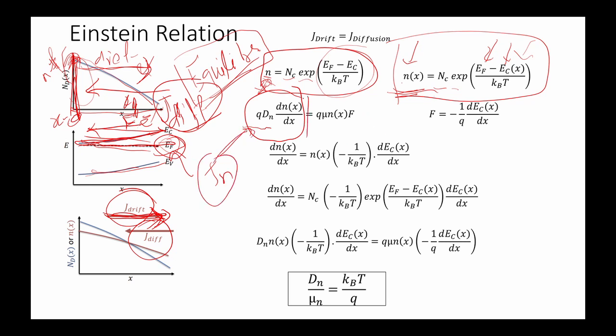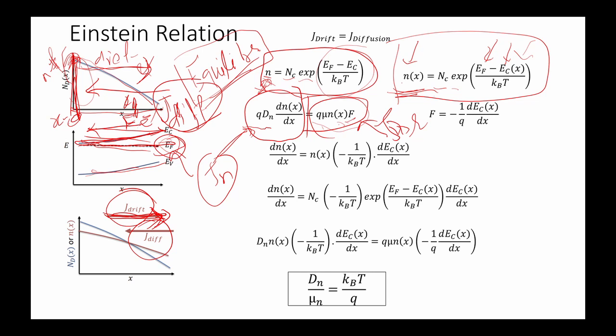And this is the drift current, which is q n μn E(x), because at every point the concentration is different, and because of the field, this current is the drift current, J drift, which is because of the internal field.